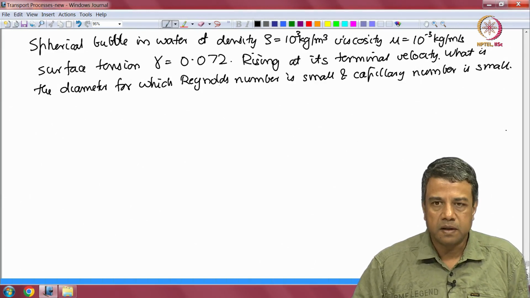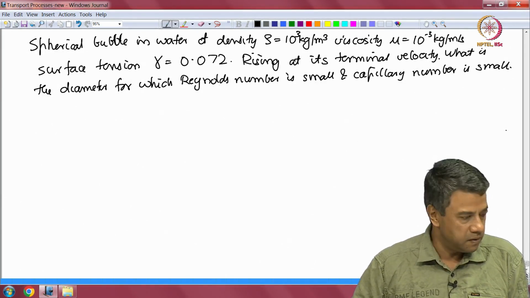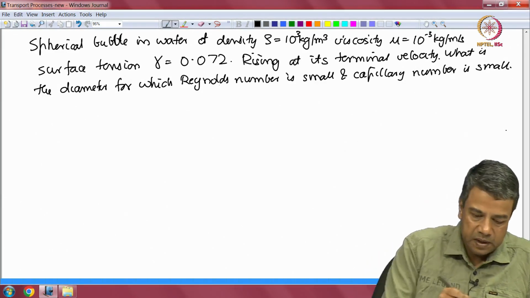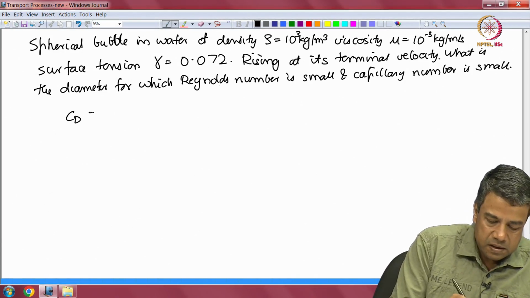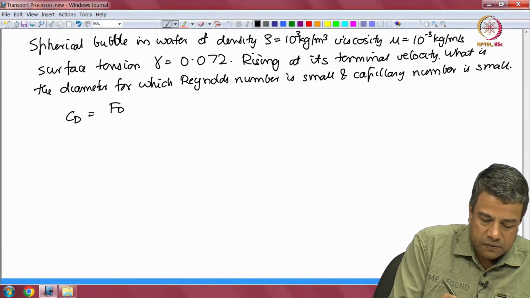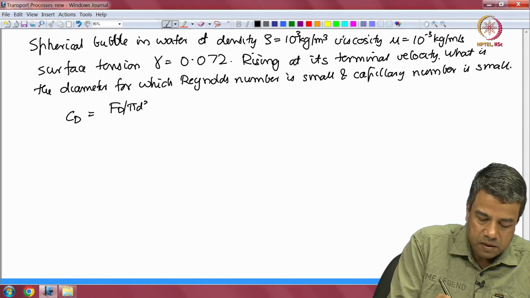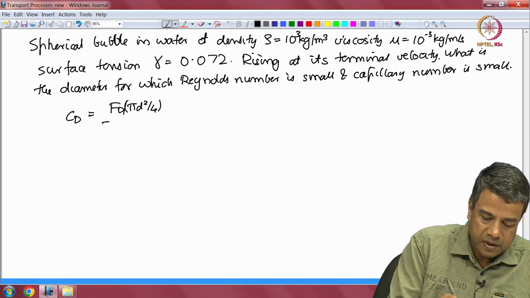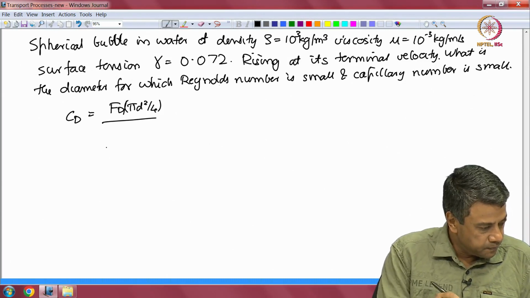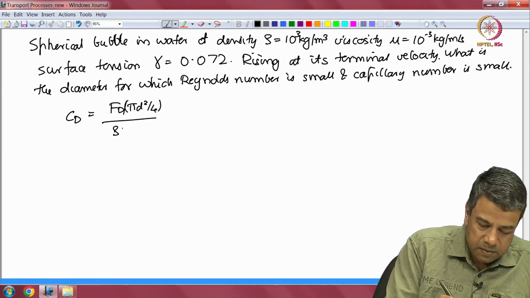First of all, we have to determine what is the drag force, for the low Reynolds number regime. Recall that CD is equal to the drag force by the projected area, pi d square by 4, divided by rho times the terminal velocity square by 2.